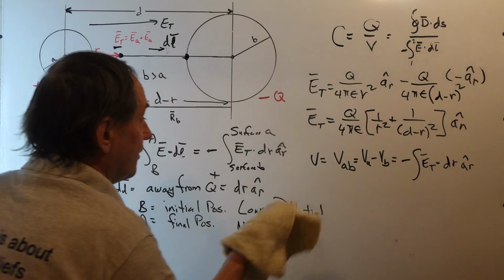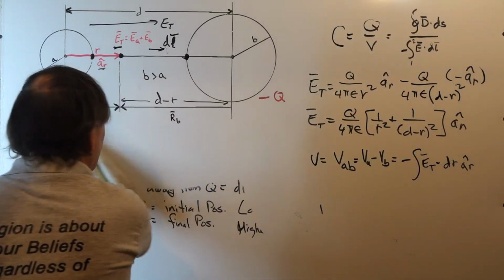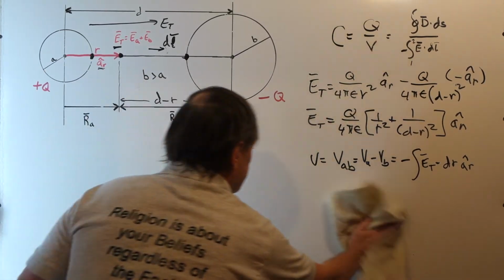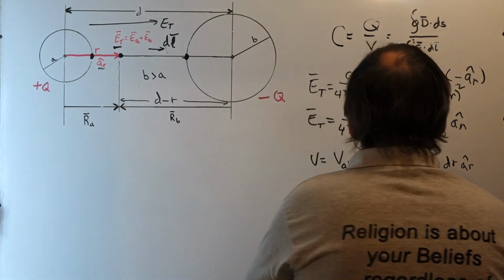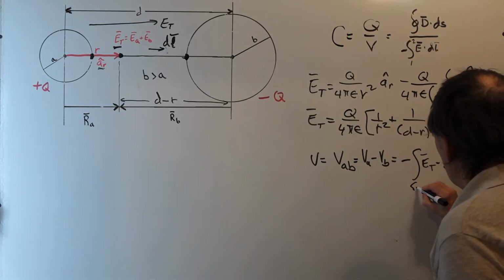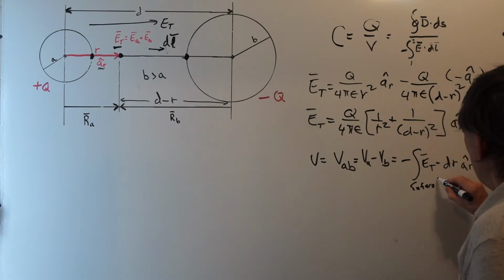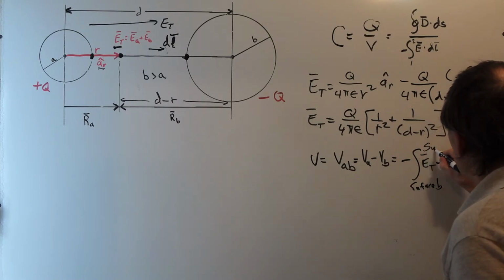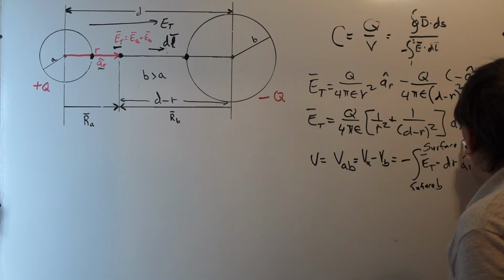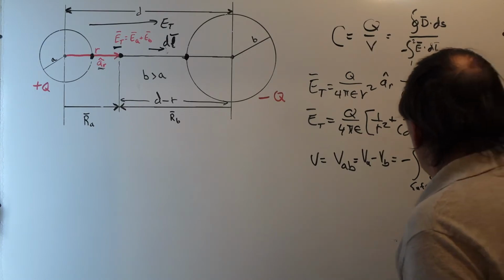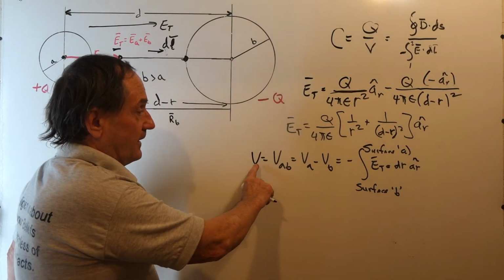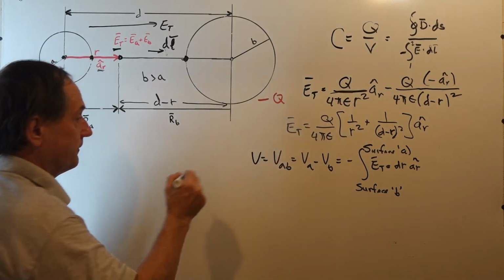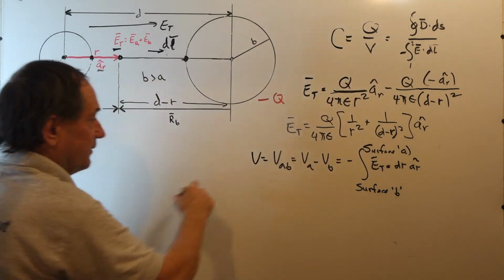So I'm going to write that out here. We're going from the surface of B to the surface of A. I'm going to move the minus sign over.